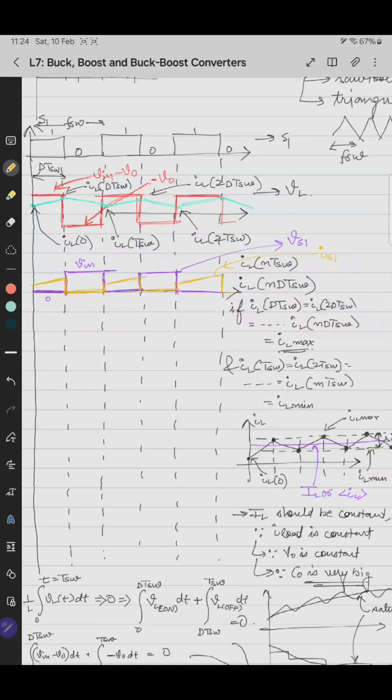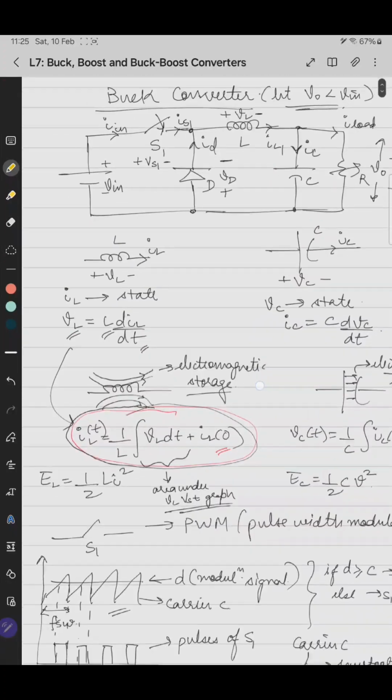This will be IL max. This point will be IL min. So for the switch, the voltage and currents are done.